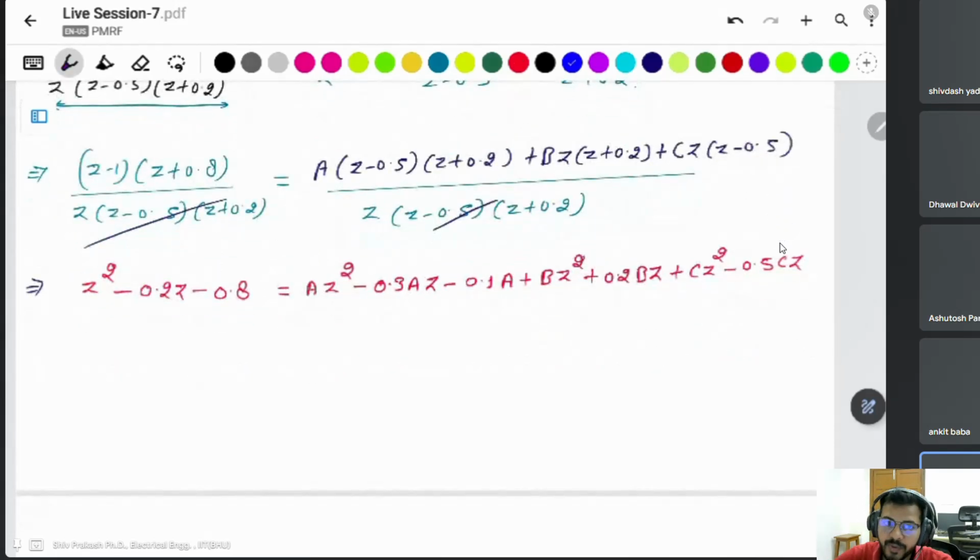By comparing the left-hand side and right-hand side, we find the equations and then solve them.